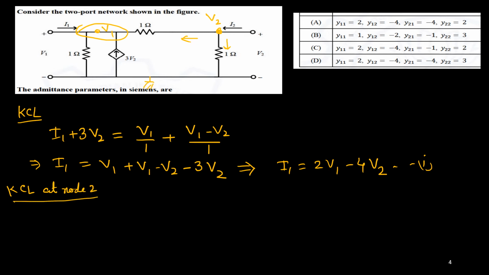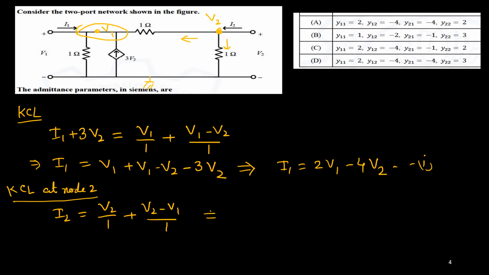The incoming current I2 equals V2 upon 1, the current through this one, plus V2 minus V1 upon 1, the current to this side.